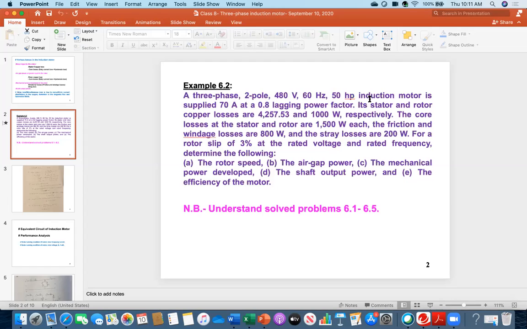But a motor, or any type of engine like a petrol engine or diesel engine, is always expressed in horsepower. And one horsepower is 746 watt.